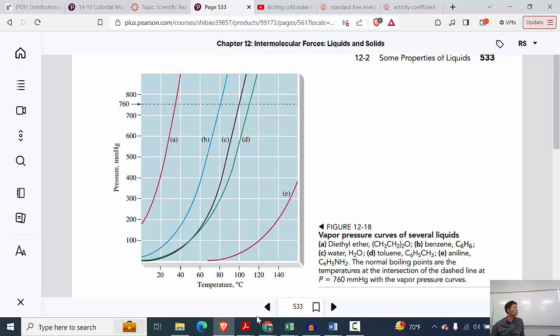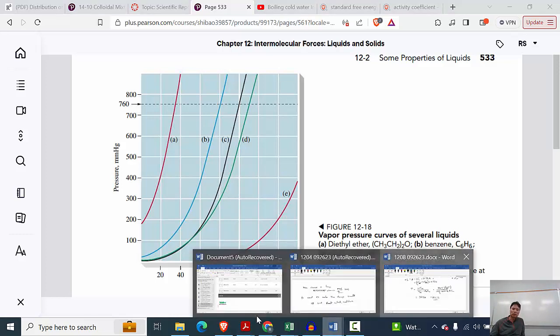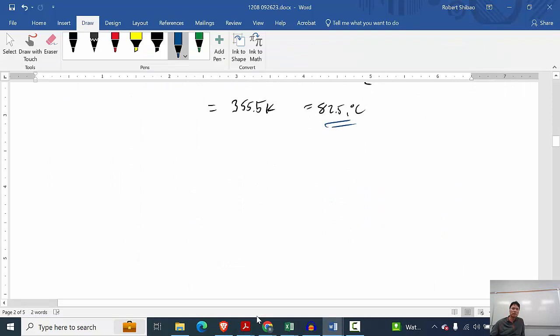In fact, if you fit this curve mathematically, do you know what kind of function this is? The vapor pressure curve? And there's a relationship here. These calculations that we just did are, if we figure out the vapor pressure of the water is equal to, actually, what do we want?